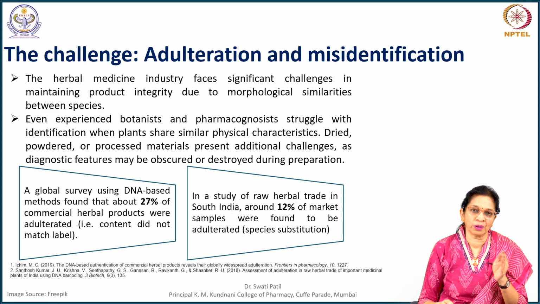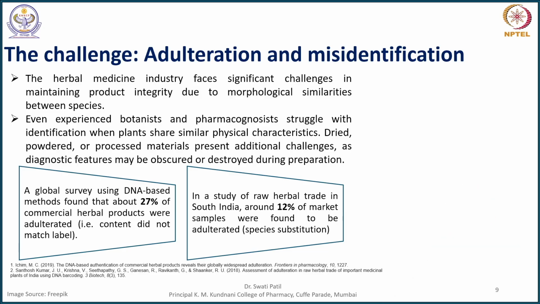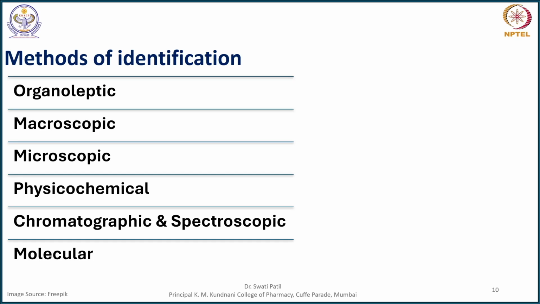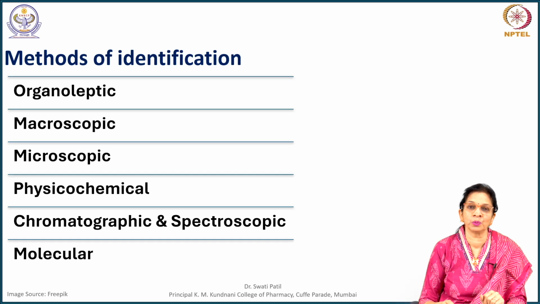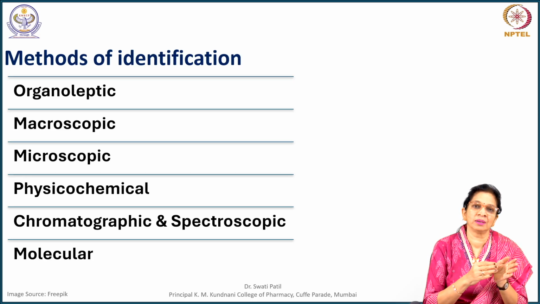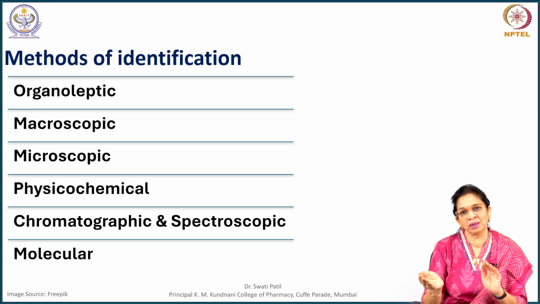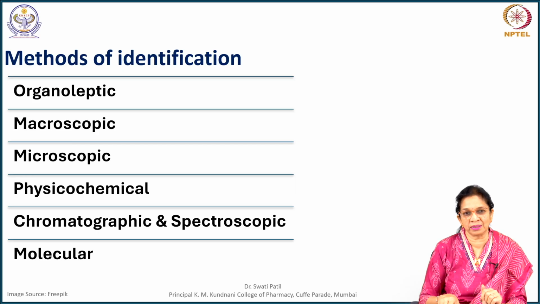So, maybe not toxic materials, but a substitute has slightly lower amount of active constituent or slightly different active constituents. Hence, identification and authentication becomes very important, and this should be performed on the raw material before it enters the formulation or before it is even subjected to extraction.